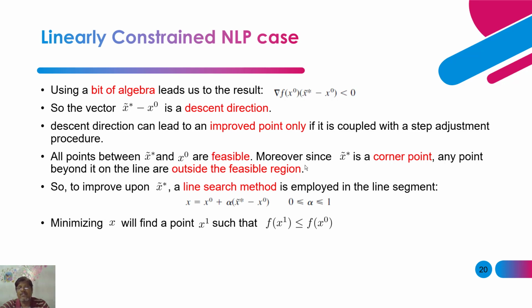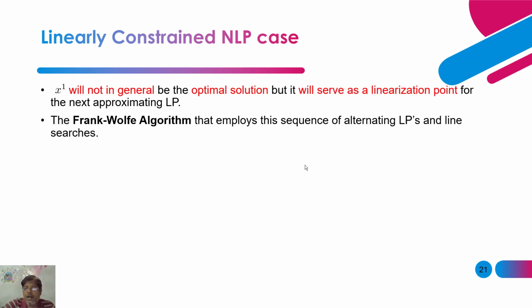Minimizing, we will find the point x1 such that f of x1 will be less than f of x naught. So further you can try and then move on till you reach the optimum point. X1 will not in general be the optimum solution, but will serve as a linearization point. So we can move on to the next.